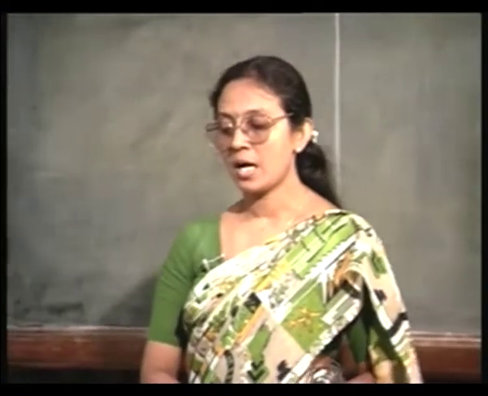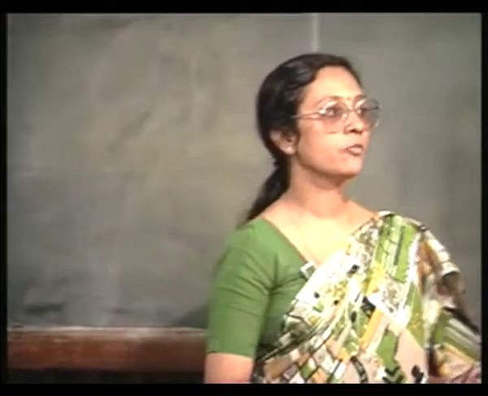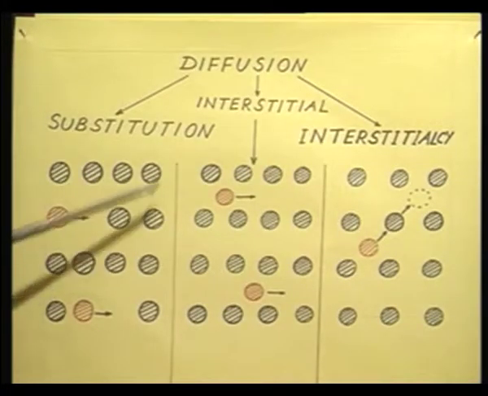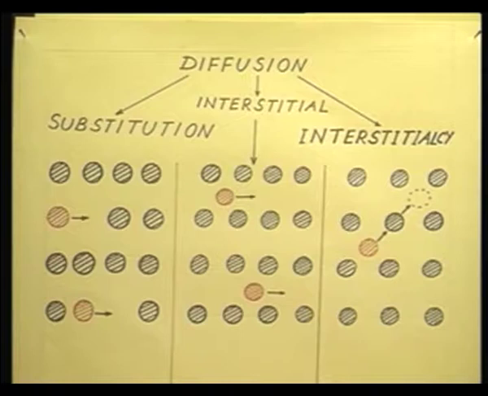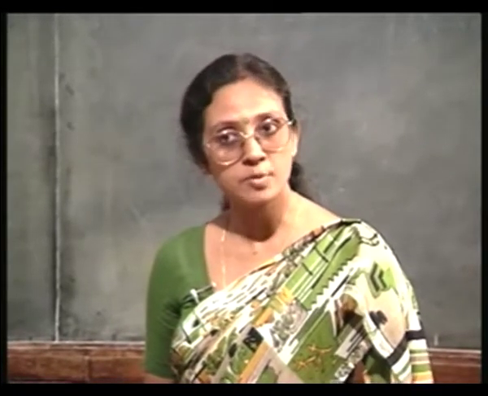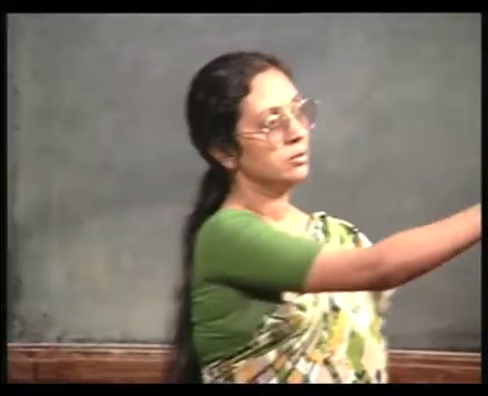Now, a modification of this interstitial movement process will be a situation where the impurity atom can end up in both substitutional and interstitial sites. That is, I may have a dopant which can sit either in a substitutional site or in an interstitial site. Why then am I classifying it with interstitial?